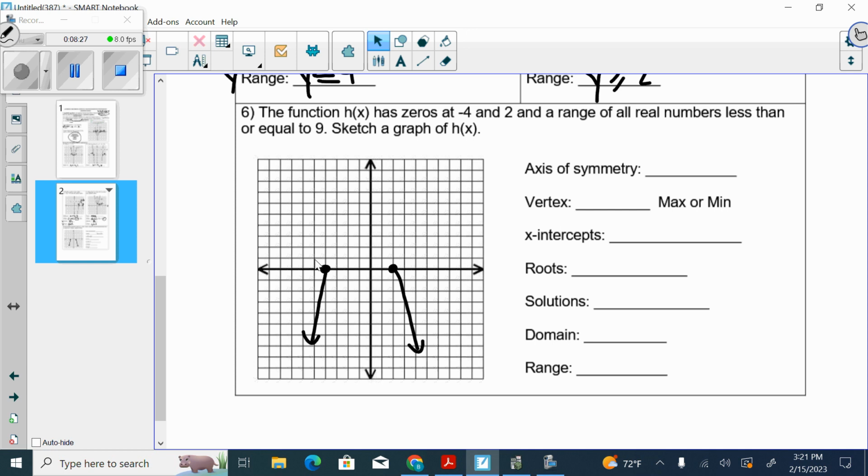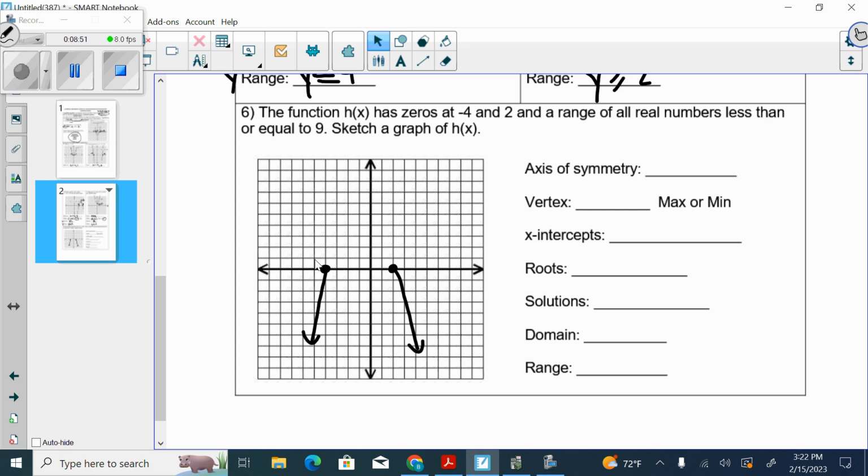Okay. So first they ask for the axis of symmetry. Axis of symmetry is where we do what? What does symmetry mean? The same. So that's where I can do what? Fold it. Yes. Okay, so if I'm going to fold it, I fold it in half, right?